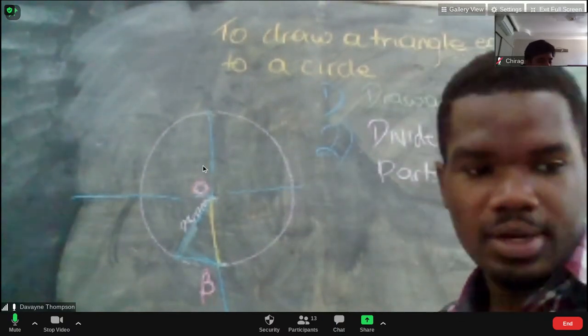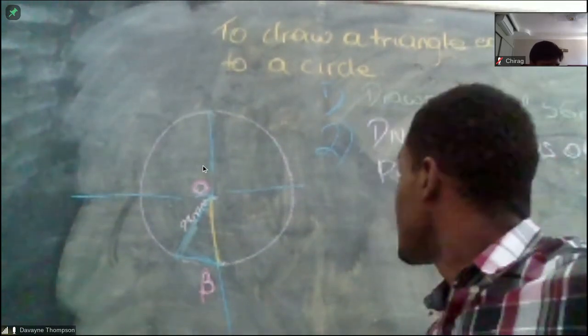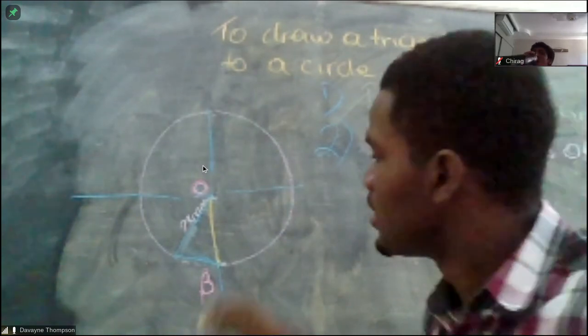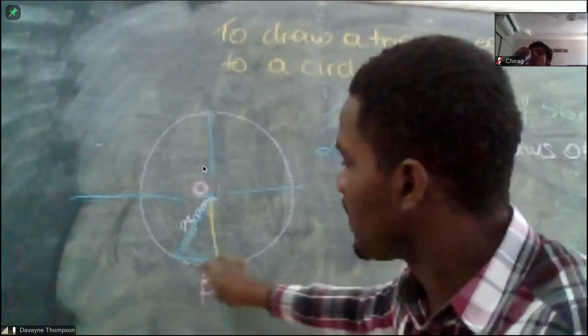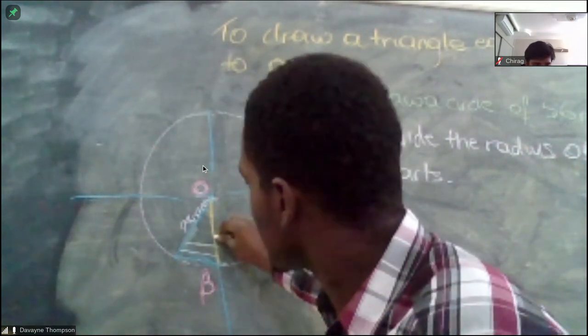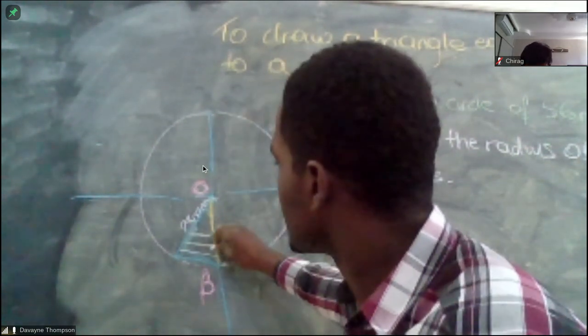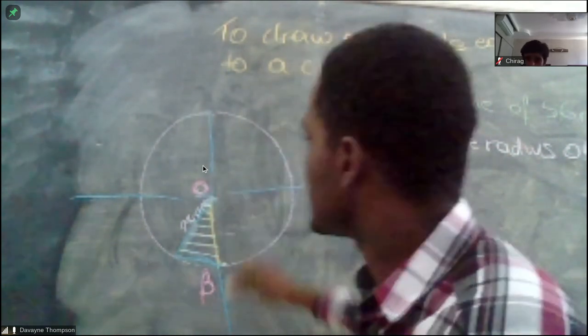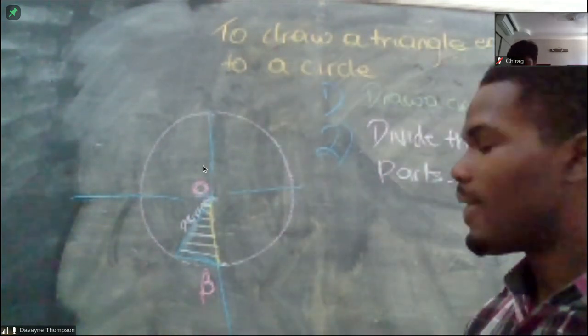Now, let's continue. The third step, you should divide this line using line division. Once you're finished, you're going to copy this angle and divide it into 7 equal parts. Let's say those are my 7 equal parts, right?